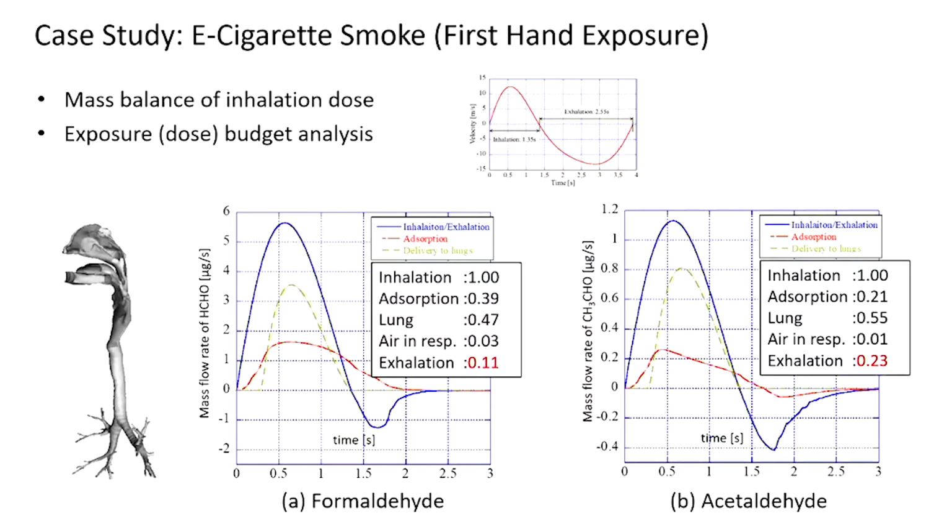This one is the formaldehyde result, and this is the result for acetaldehyde. For the total amount of inhalation of formaldehyde by way of e-cigarette smoking, the total amount of absorption on the wall surfaces of this airway model is 39%.